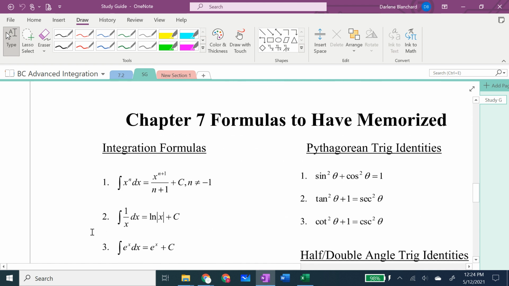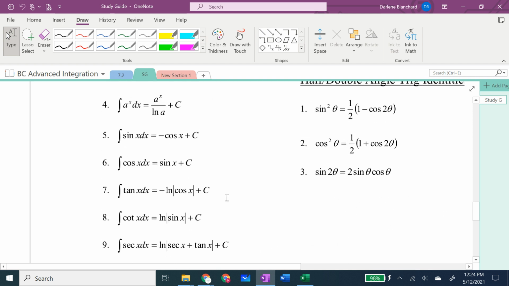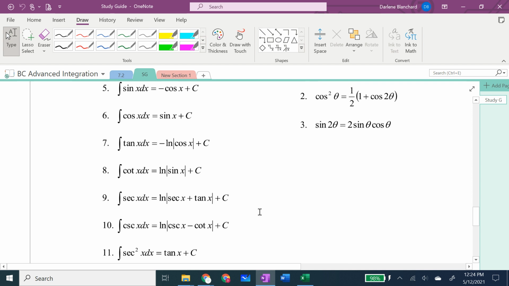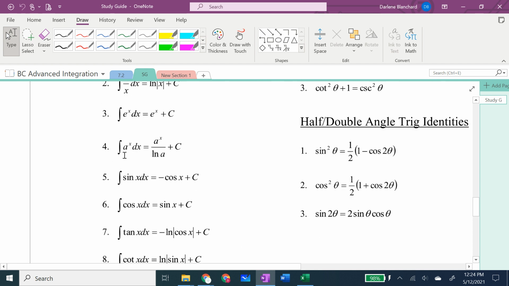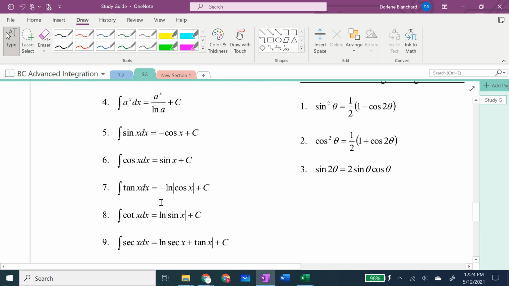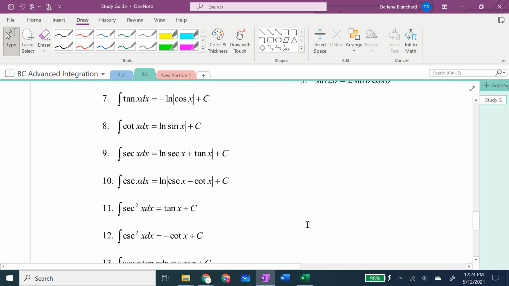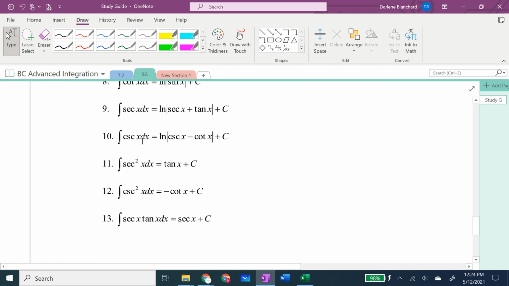Formulas you should have memorized. For integration formulas, I realized I'm actually missing one of these, and I also am not giving you all the options here. So you need to know your power rule, 1 over x, exponentials, and then know your 6 trig functions. Be familiar with also the fact that secant squared is the answer to taking the derivative of tangent.